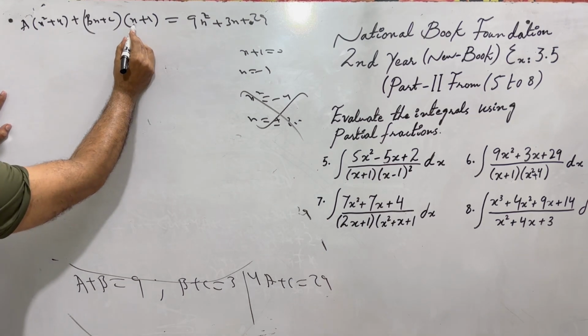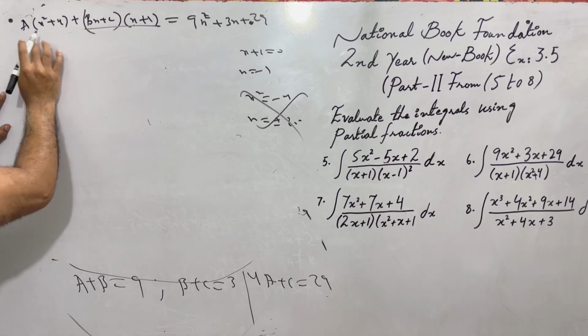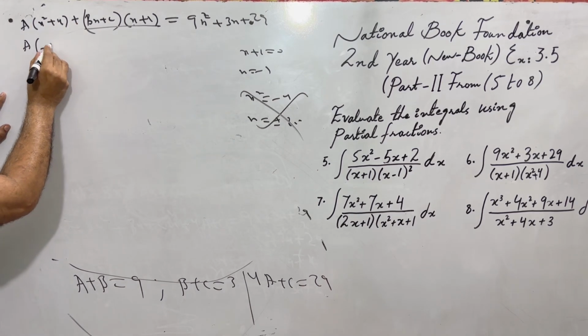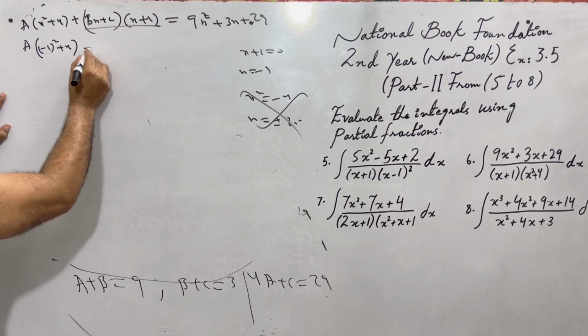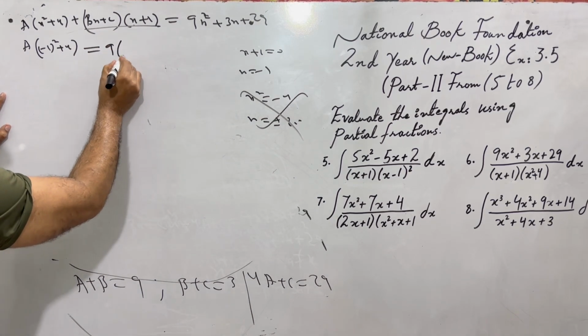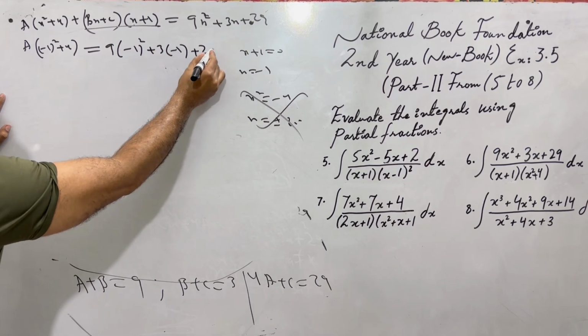X plus 1 becomes 0, it has been cancelled out. No more. Here what we have is a times minus 1 square plus 4, it's our 0, and a is equal to 9 times minus 1 square plus 3 times minus 1 plus 29.